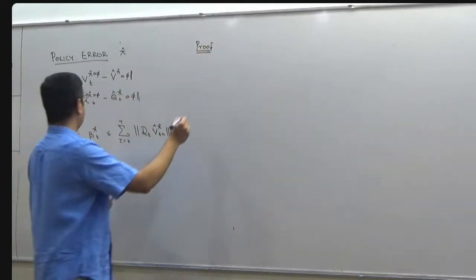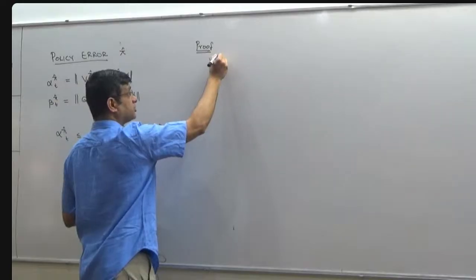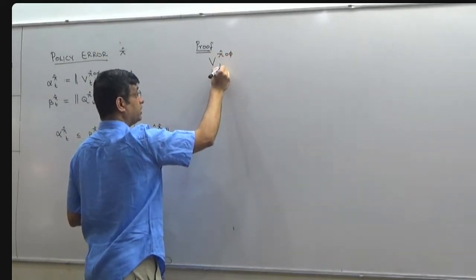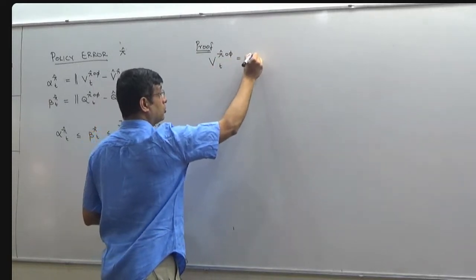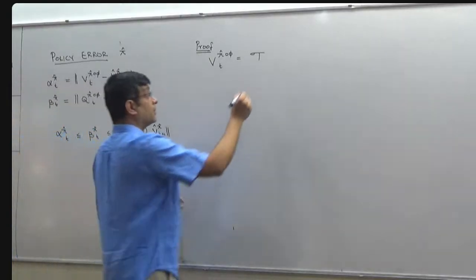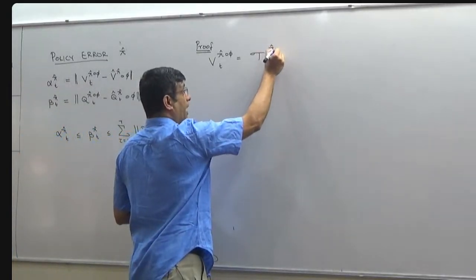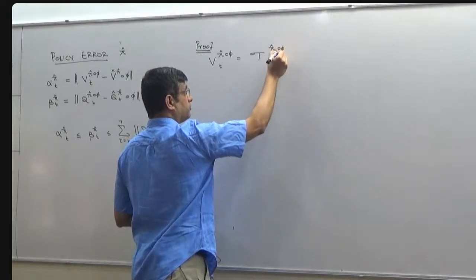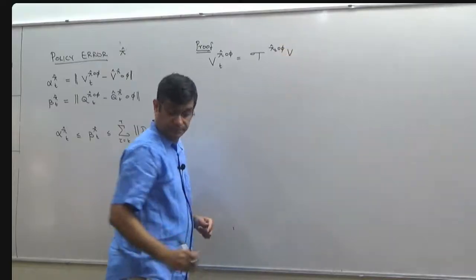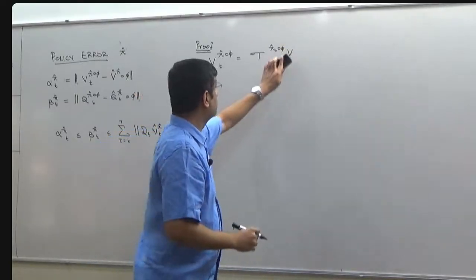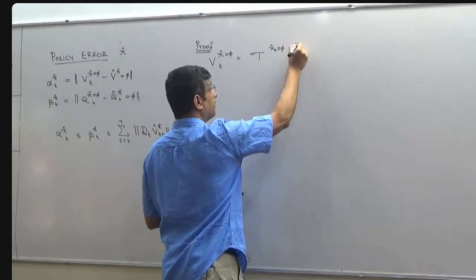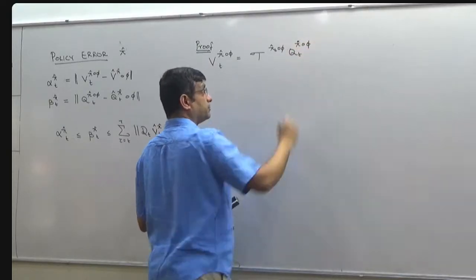So, I know that V pi hat composed with phi t is equal to the policy evaluation operator of pi hat t composed with phi applied on q t pi hat composed with phi.